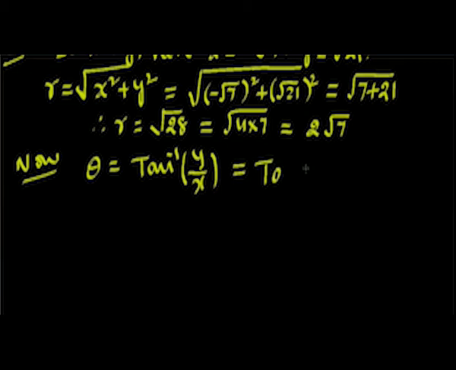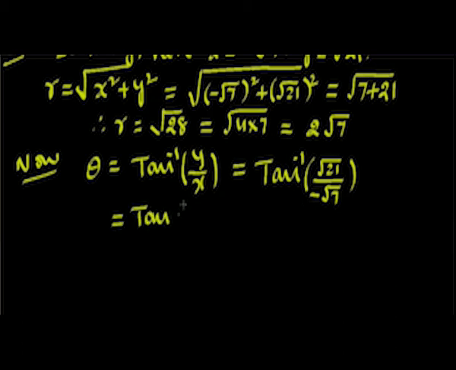Here tan inverse, the y value is root 21 by x value is minus root 7. So after simplifying, theta is equal to tan inverse minus root 3.